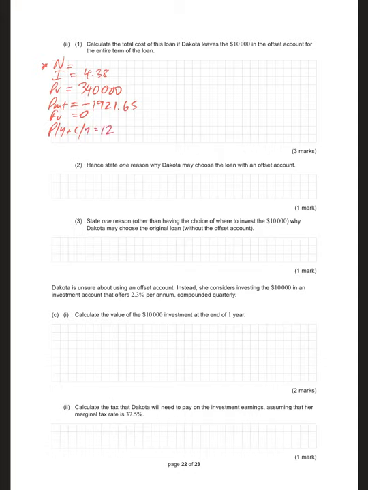Apps, Finance, TVM, Solver, 4.38, 340 grand, negative 1921.65. Alpha Enter on N, it's 284.87 to 2 decimal points. Calculate the total cost of this loan now.